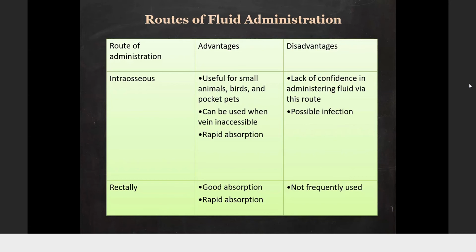Alright. So, the disadvantage of using intraosseous is the lack of confidence in administering fluid via this route. If you are not confident to give it, some people use ultrasound guidance to see whether they have placed it correctly. But for bone, in radiograph it is fine, but although ultrasound guidance is used for soft tissue, for bones we have to use X-ray.